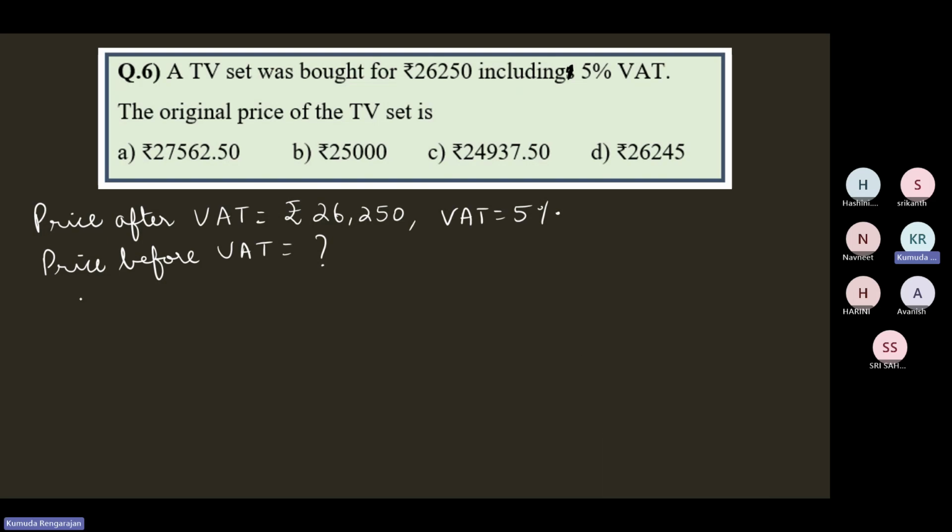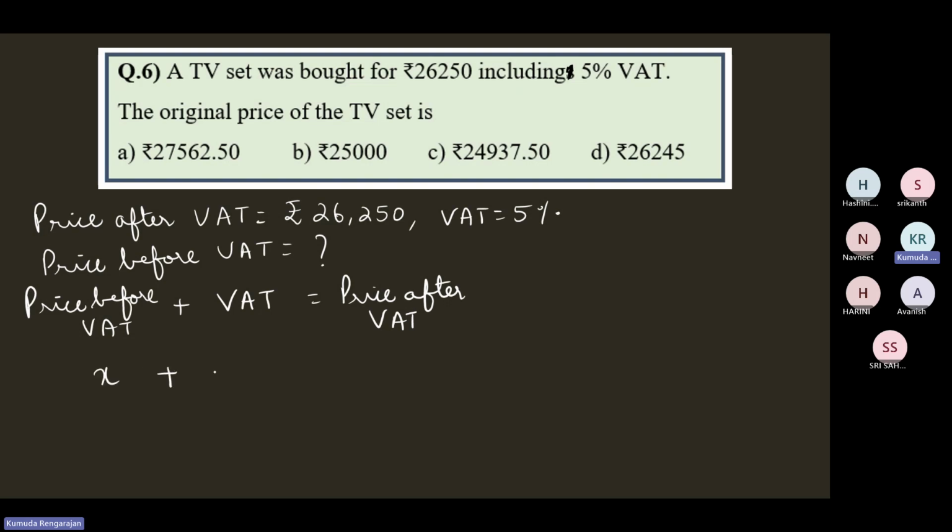So we'll now write the equation we know. Price before VAT plus value of VAT is equal to price after VAT. So price before VAT, don't know, we have to find. VAT is 5% of X, is equal to the price after VAT, 26,250.